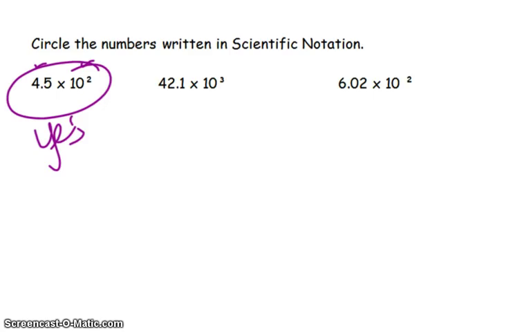Second one, the first number is 42.1. The first number is supposed to be between 1 and 9.9. So that doesn't work. Third one, 6.02, is between 1 and 9.9, and it's multiplied by 10 to some power. So yes.